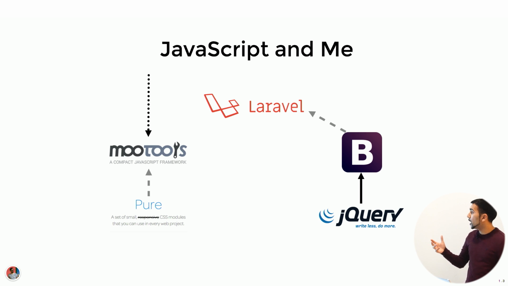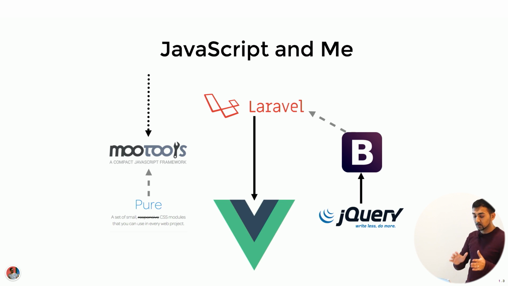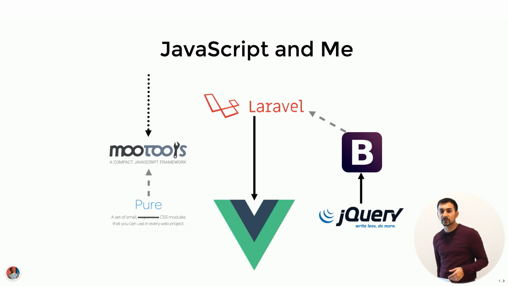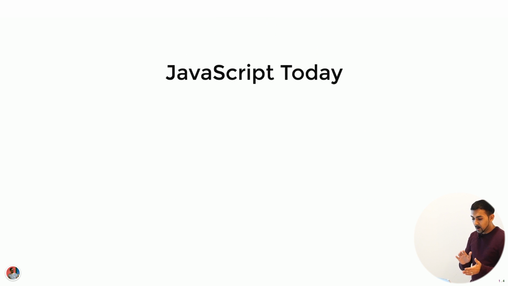Over time, Laravel integrated Bootstrap as its preferred out-of-the-box CSS framework, and around mid-2015, it brought in Vue.js as its preferred front-end framework, and that's really what ushered me towards Vue.js. So that is my rough journey from vanilla JavaScript all the way around to Vue.js.